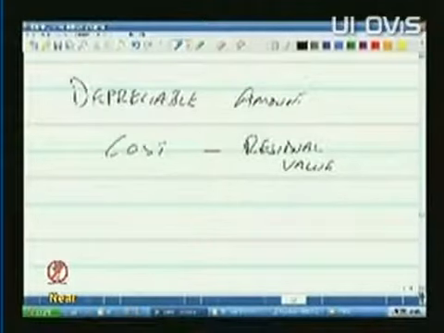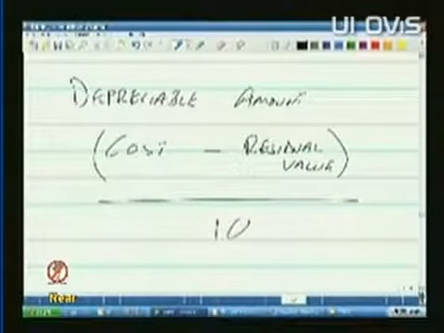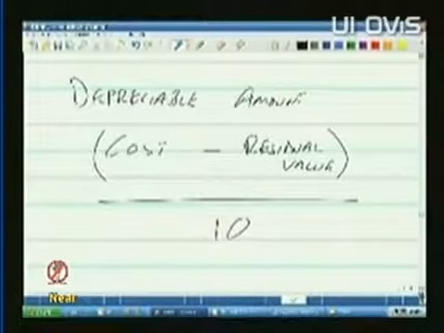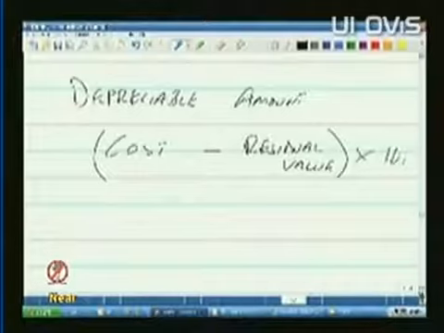You would then spread that over the useful life, or you would multiply that by a percentage. So if I said we're going to give this asset a life of 10 years, I could either work out that amount and then divide it by 10, and that would give me my annual charge, or alternatively I could just multiply it by 10%. Okay?